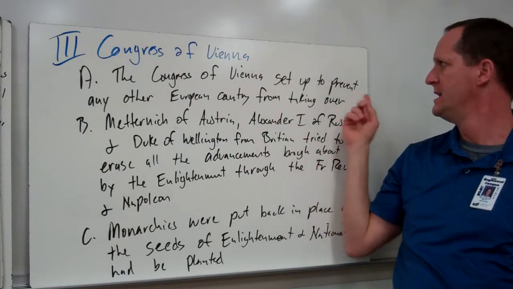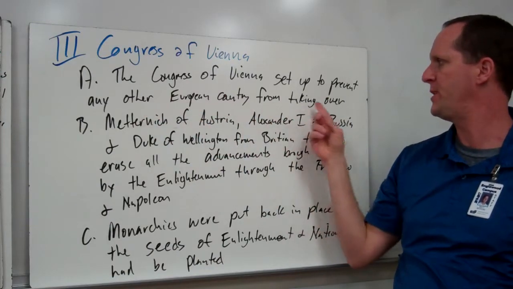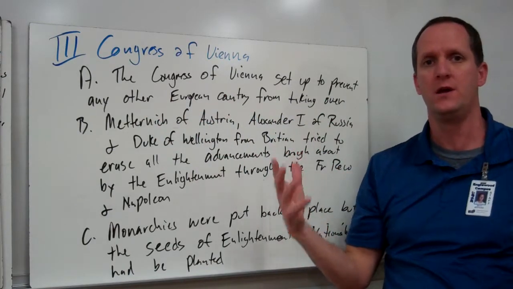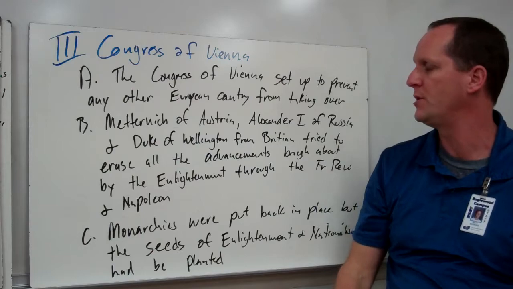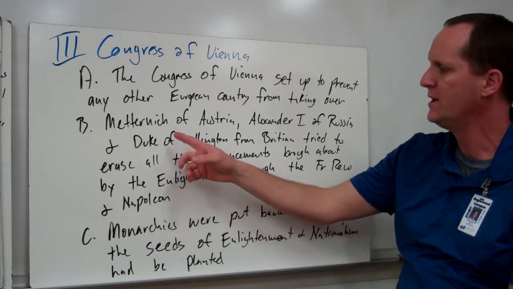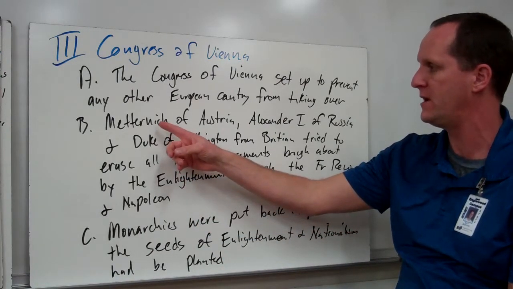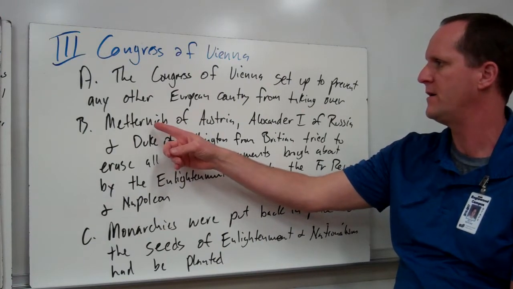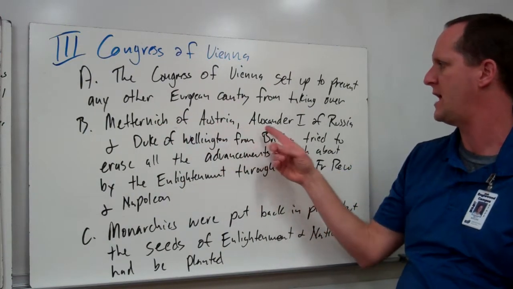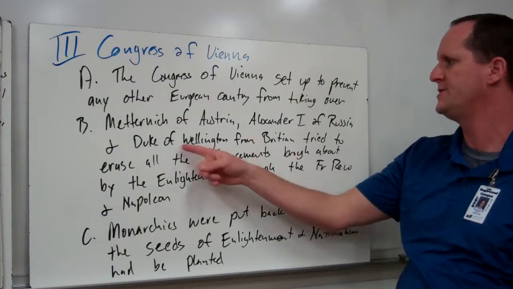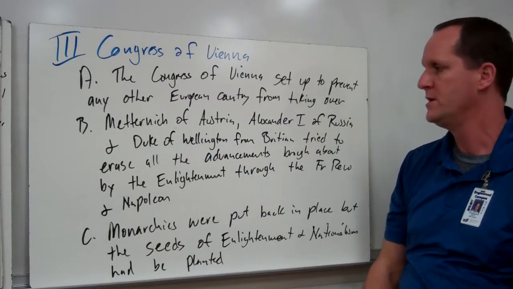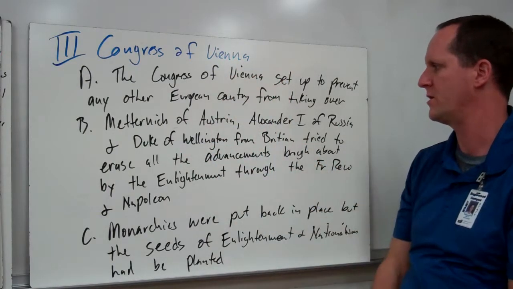The Congress of Vienna was set up to prevent any other European country from taking over on a huge scale, such as Napoleon and France. Three big key players in this were von Metternich from Austria, Alexander I from Russia, and the Duke of Wellington from Great Britain. So these were some of the key players in the Congress of Vienna.